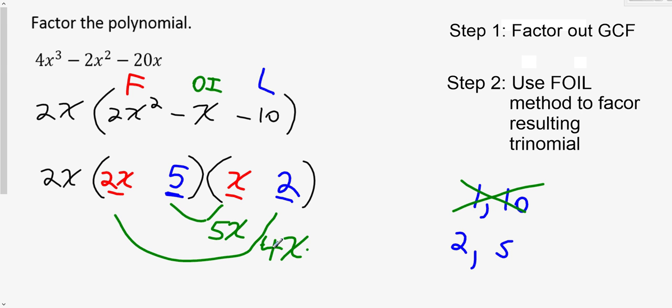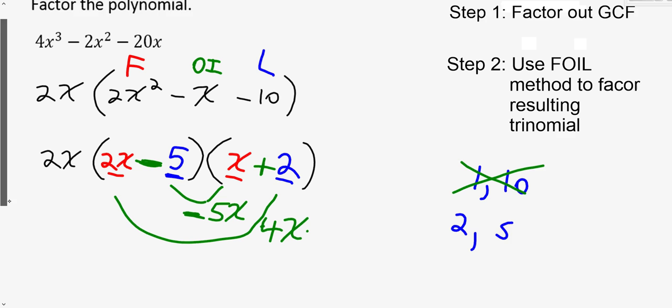Why, yes, it is. If you subtract 5 and 4, you get 1. In particular, if you let the 5x be negative and 4x be positive, when you combine negative 5x and positive 4x, you indeed get negative x. So therefore, I would want this to be a minus sign so I can get my negative 5x, and this to be a plus sign so I can get my positive 4x.